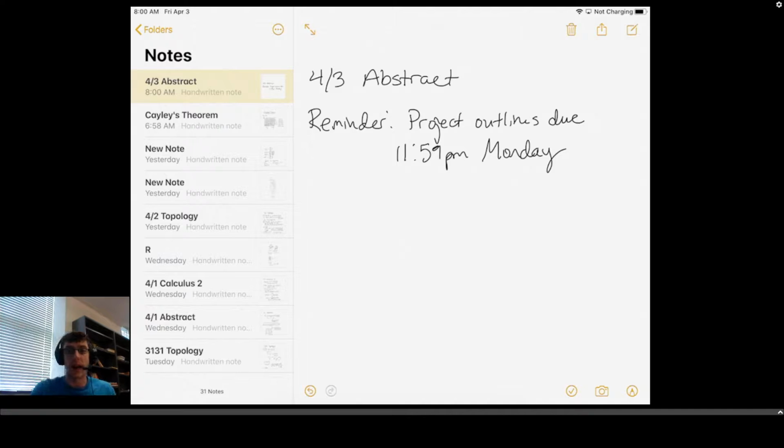If you haven't been able to find more sources after your first one that you turned in and would like some guidance, I can provide that. Or if you would just like some general guidance on, okay, I have all of this information, I could write a 30-page paper, how can I make this 6 pages, what should I focus on, I can help guide that as well. So definitely make use of me.